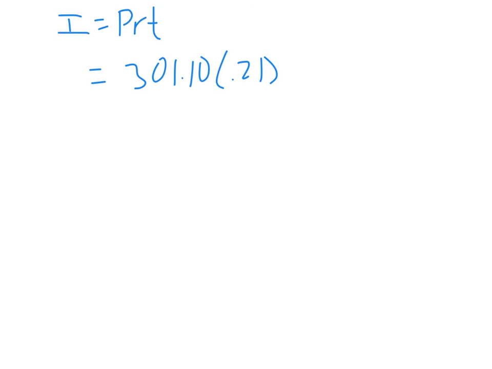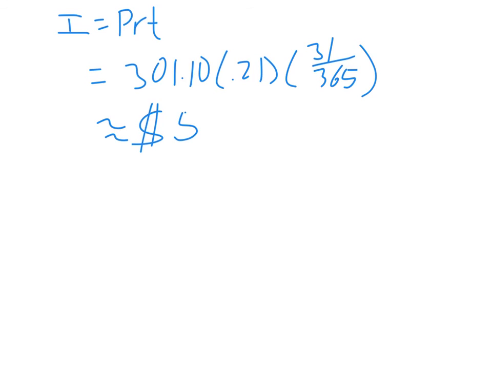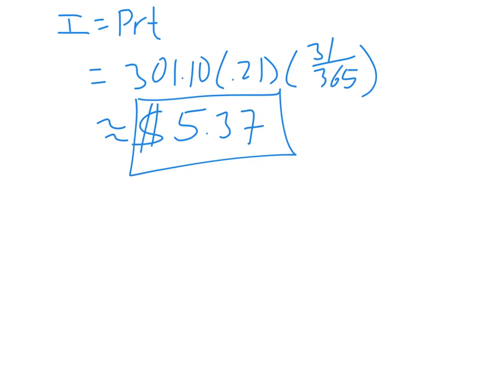And don't forget T is the number of days in the month divided by 365. And if you throw this in the calculator, you should get about 5.37. Right, so that is the amount of interest that the bank's going to charge you on your credit card if they use the average daily balance in this case.